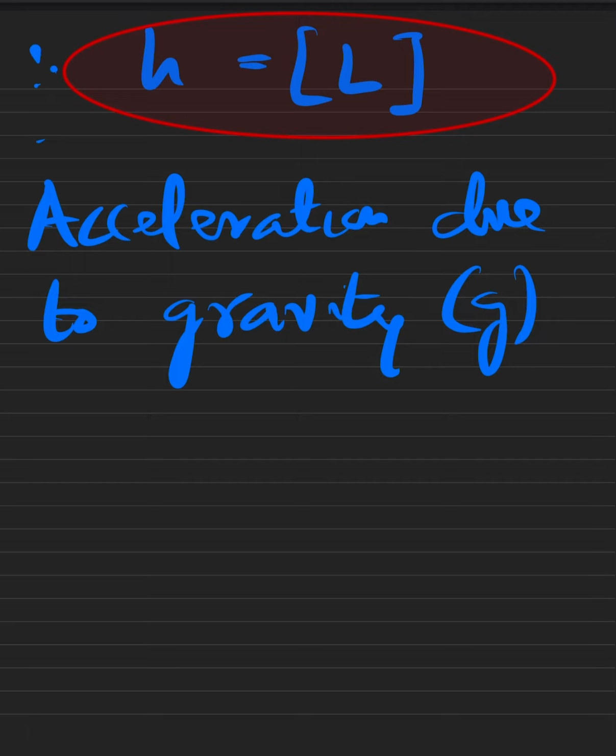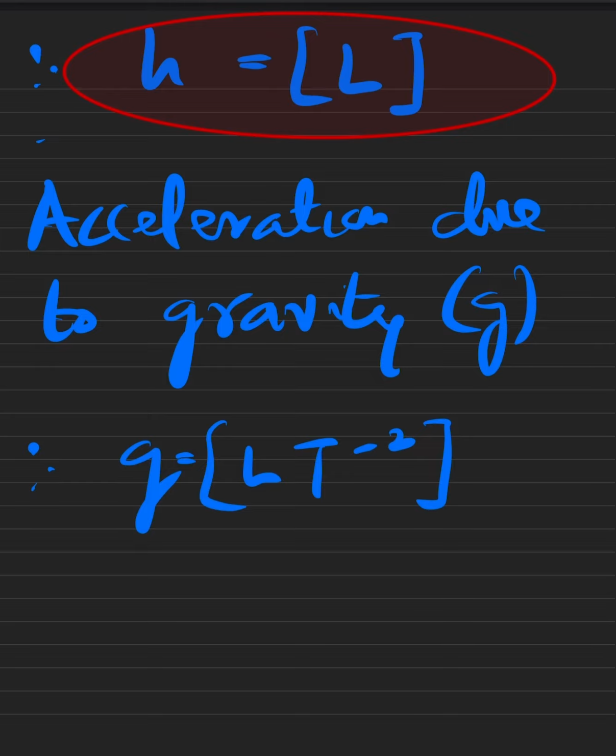Which is LT minus 2. So in a way, you are going to have the g to give us LT minus 2. Just like that. So it's just treated like acceleration.